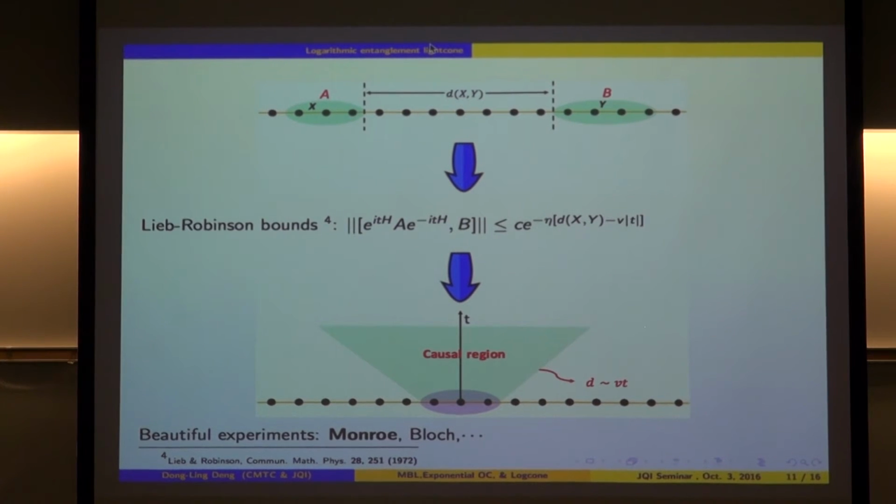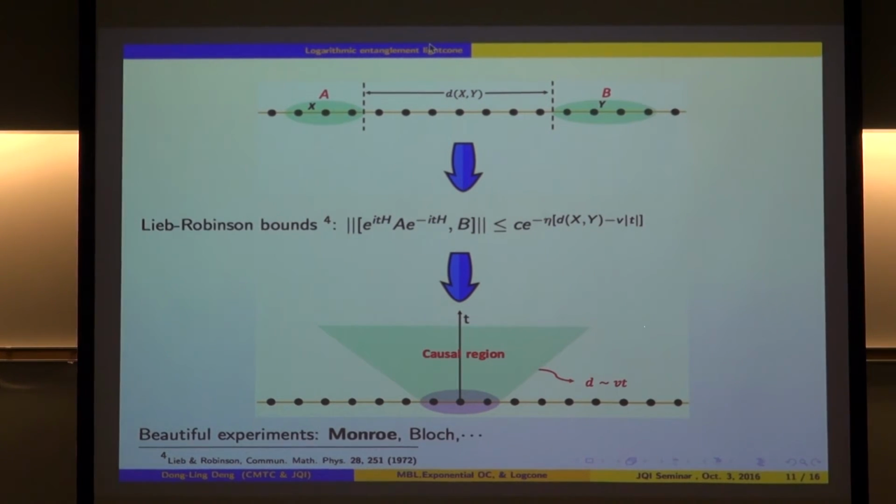By requiring d equals Vt, we can extract a linear lightcone here. Basically, this tells us if some event happened locally here, the influence of this event can at most propagate linearly in time. This gives us the linear lightcone.